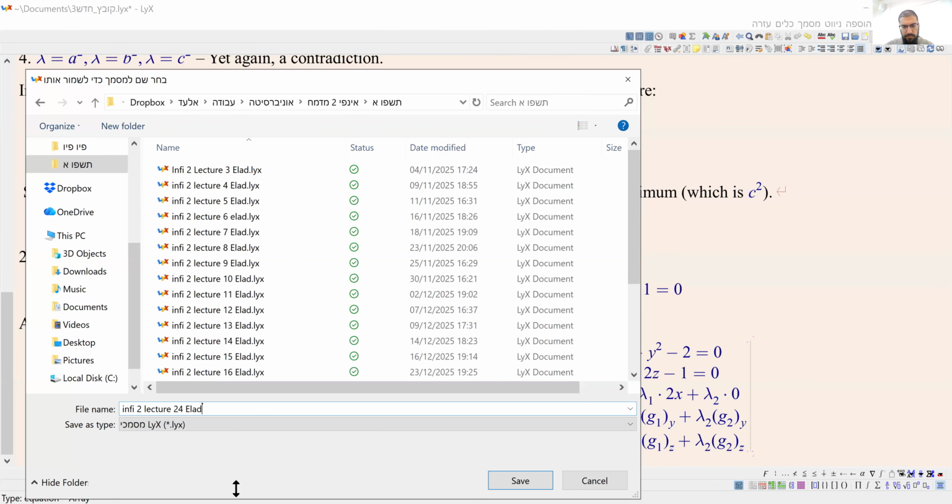Okay, f by y is 2. g1 by y is 2y. And g2 by y is 1. f by z is 2. g1 by z is 0. And g2 by z is 2.